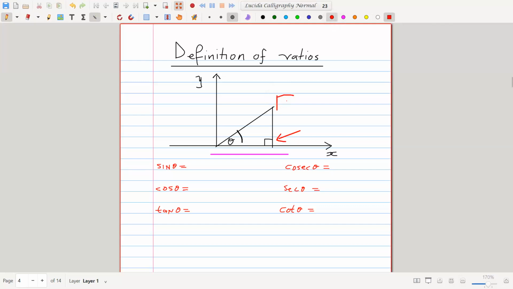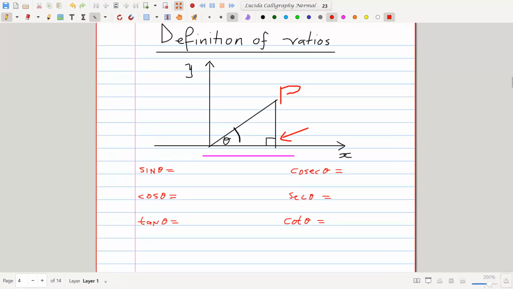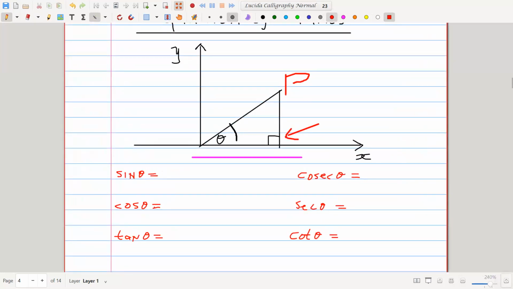You can have a point there, call it P if you want, which gives you X and Y.